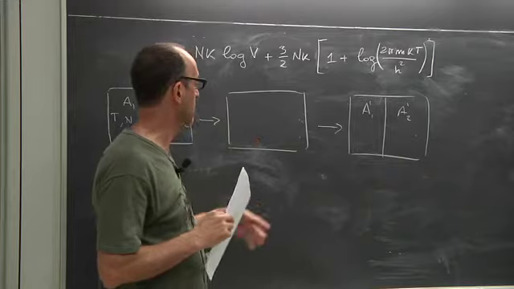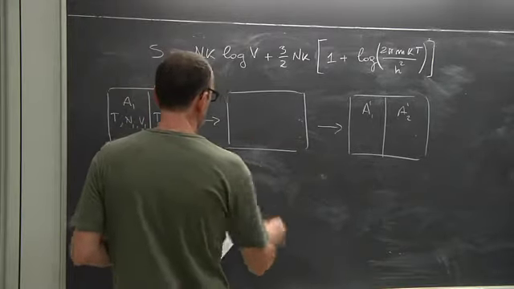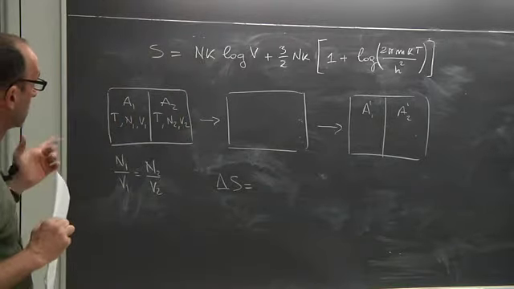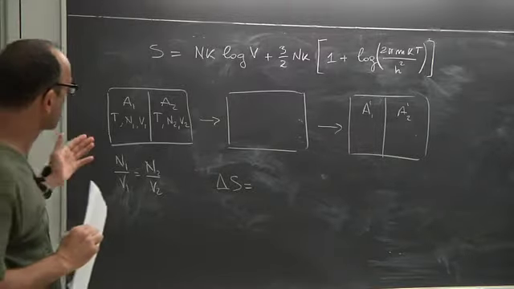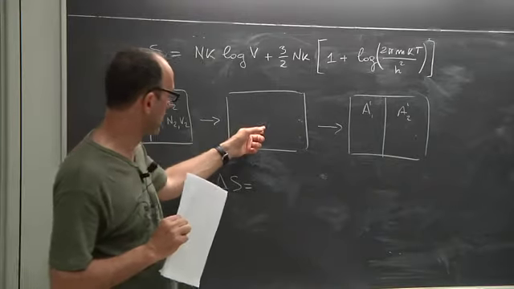This is an irreversible transformation, and the change in the entropy is just given by the change in the entropy between this system and this system.